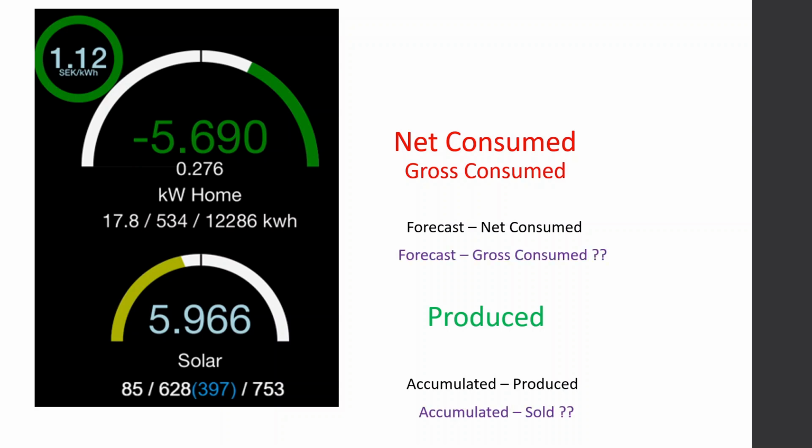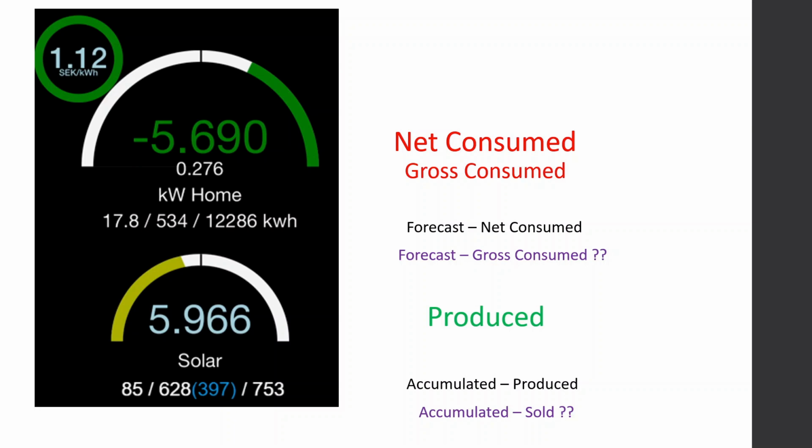I'm missing a few values here that might be interesting, but I don't want to clutter the display too much, so I will not show them to start with. I will have them in the data, and I will record them. I will also have them on my debug index page, but I will not show them to start with, at least. And that is the gross consumption.